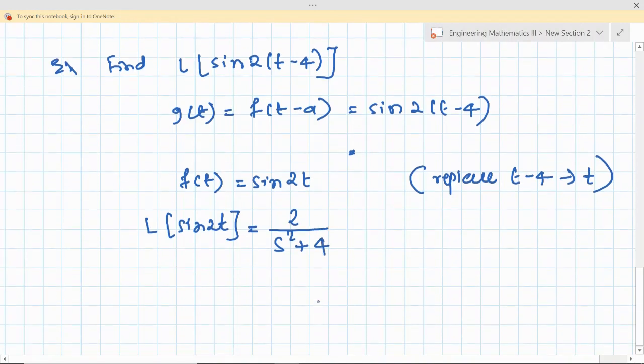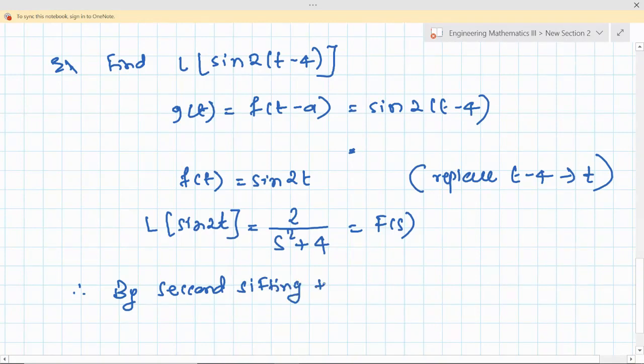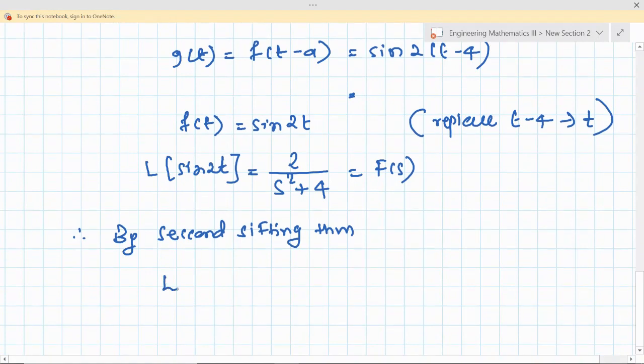This is the Laplace of sine 2t, and this is my F(s), and therefore by the second shifting theorem, the Laplace transform of sine of 2 into (t minus 4) is equal to e raised to minus 2s, isn't it?